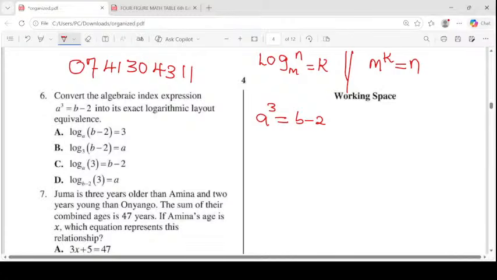So in this case, I'll have log to base a of b minus 2 being equivalent to 3.